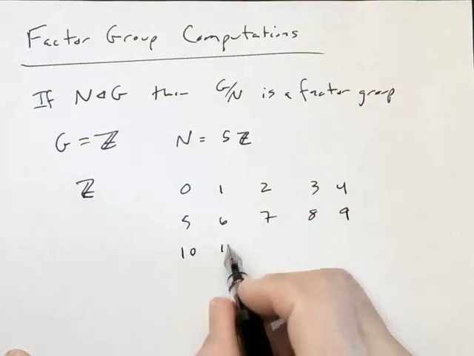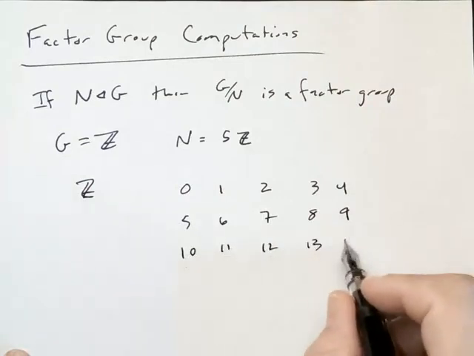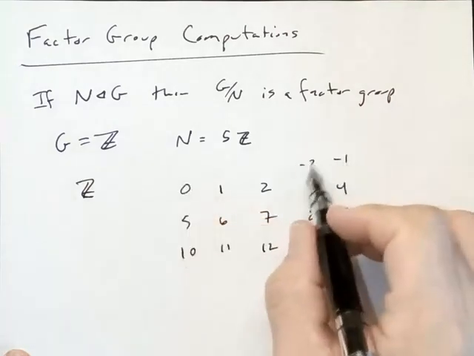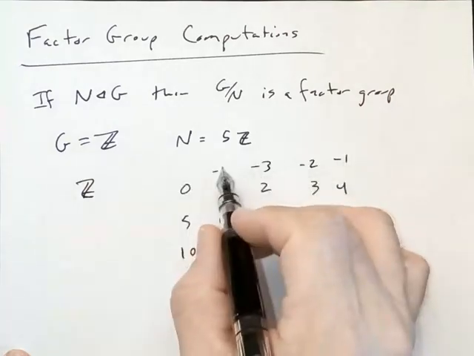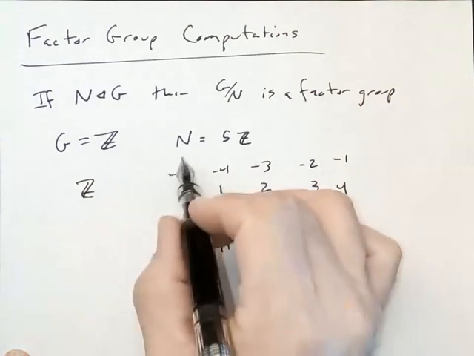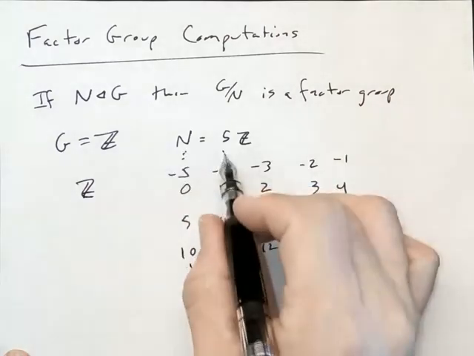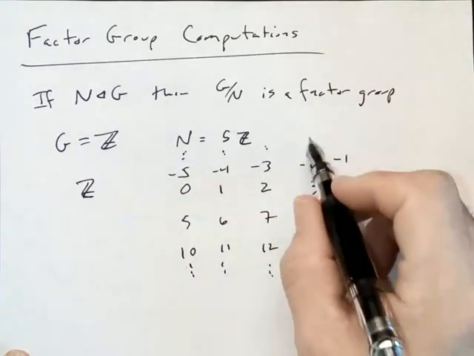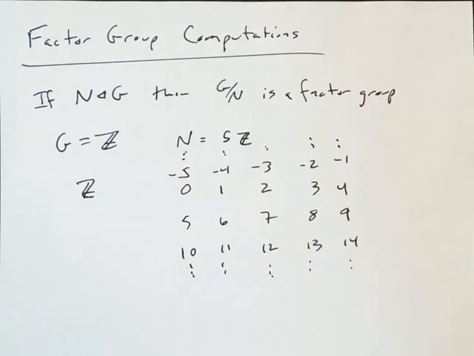And we could keep going, both in the positive direction and in the negative direction. Infinitely. And this is our group, the integers.